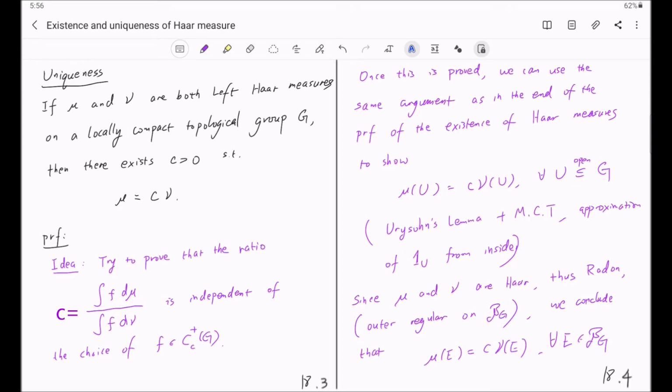So the truly non-trivial part is to prove that this quotient, this ratio, is independent of the choice of f. Namely, it is a constant.